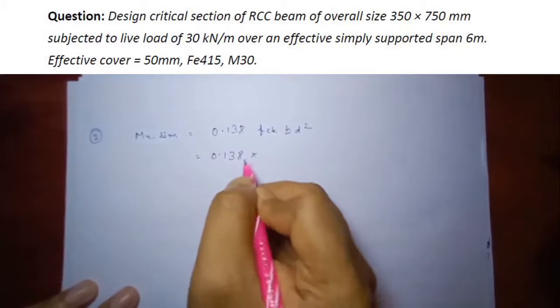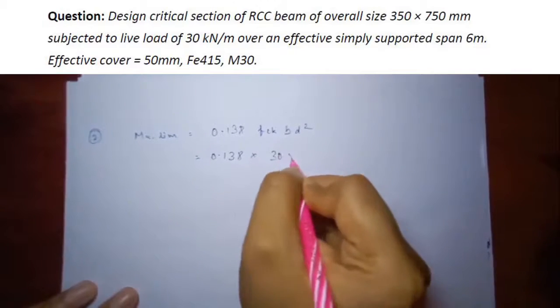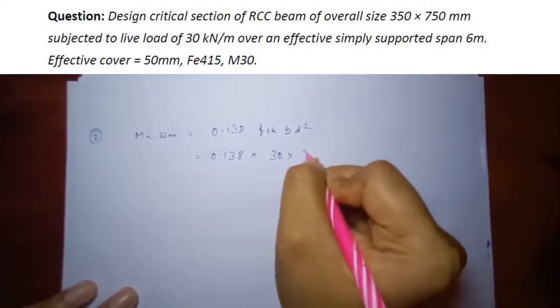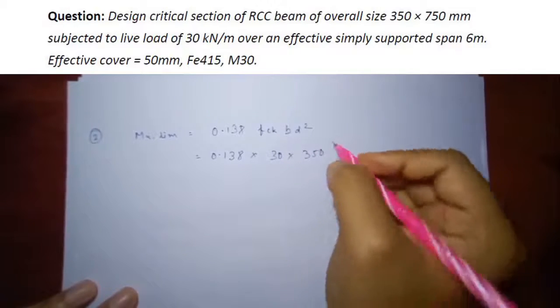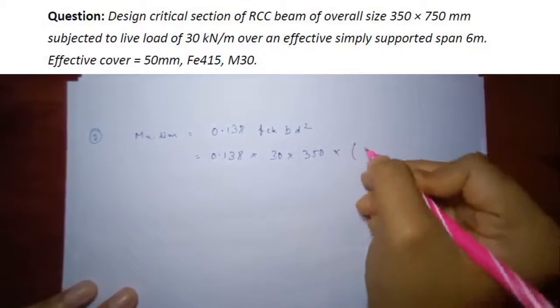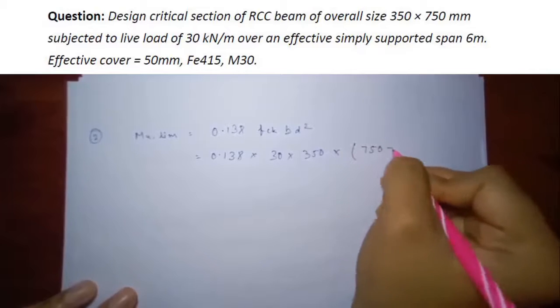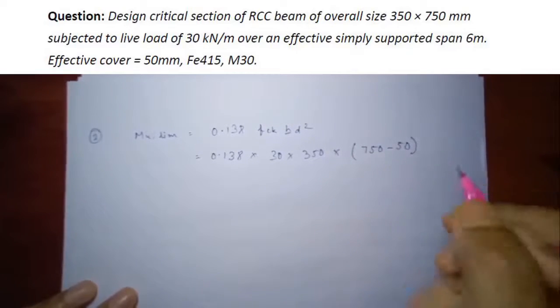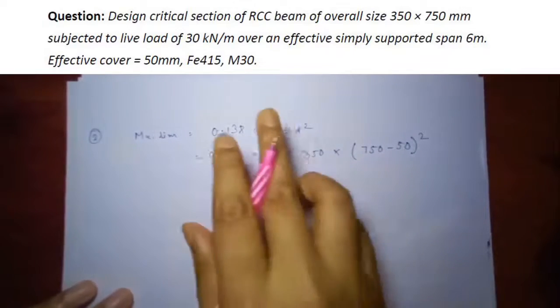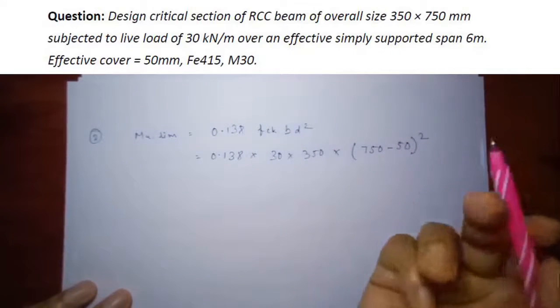It is equal to 0.138 FCK is 30 multiplied by B is 350, and D will be given by 750 minus 50, because in the question it is given that 50 mm will be clear cover.